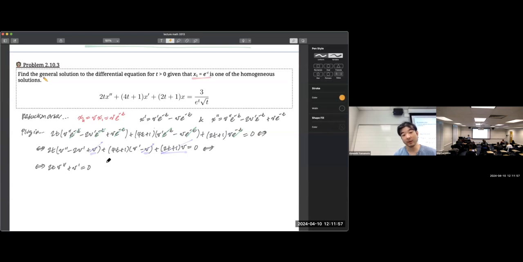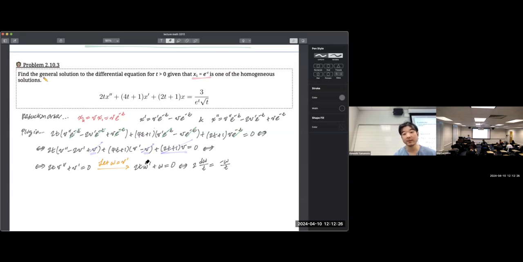Okay. Then, in general, you can let w equal v prime to reduce the order of this equation. So you get 2t w prime plus w is equal to 0. And you can do separation of variables. So you say 2 dw over dt is equal to negative w over t.